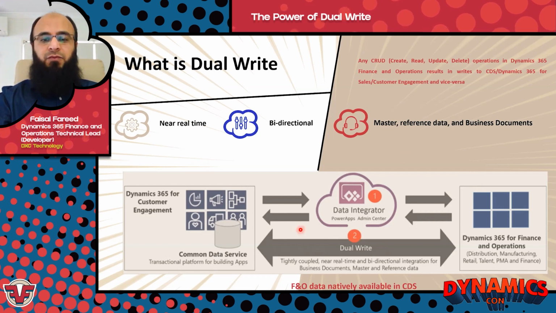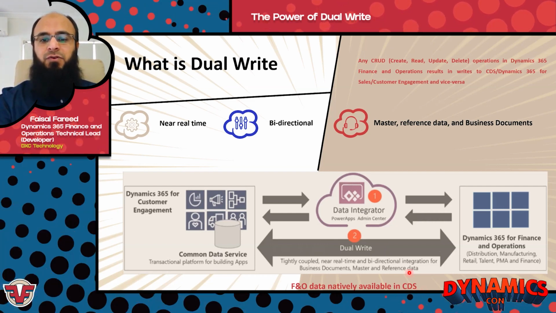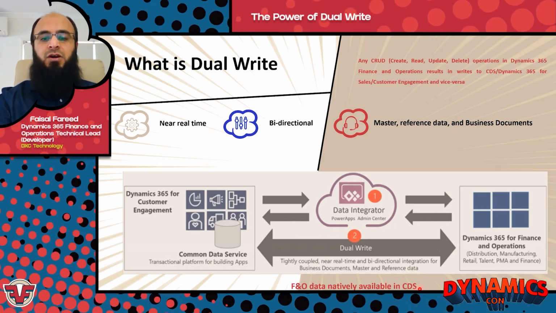The last benefit of having dual write is that you will have your FNO data directly or natively available in CDS. If you are a Power Platform user or a Power Platform lover, you can think of it this way: you have the Microsoft ERP, the biggest ERP right now.